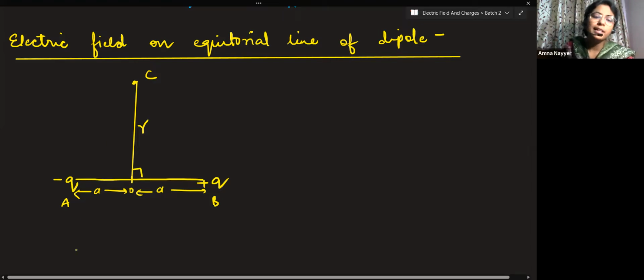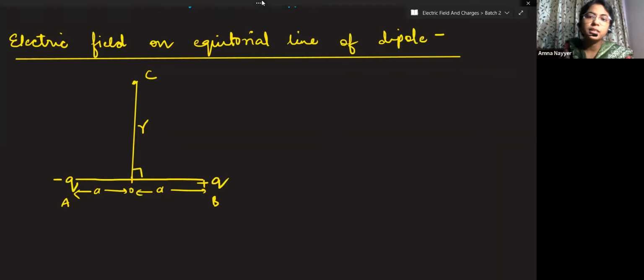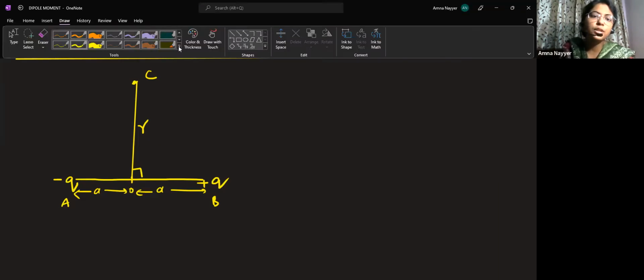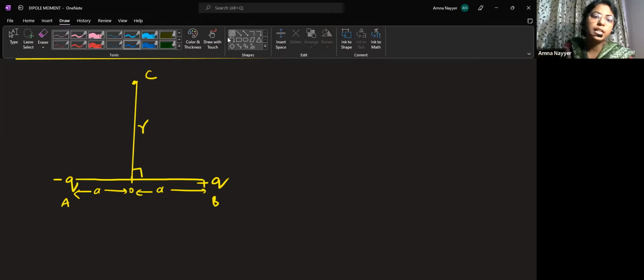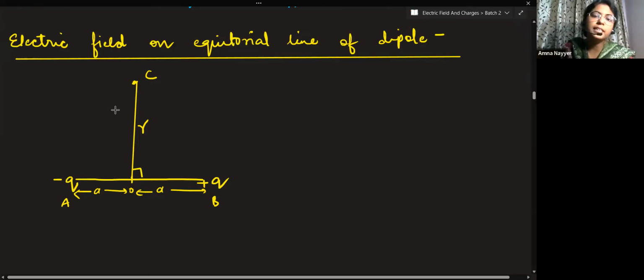Now, direction of electric field. Regarding the direction of electric field, for the negative charge, electric field will be directed towards the charge, like this. This will be E minus Q, the electric field because of the negative charge.